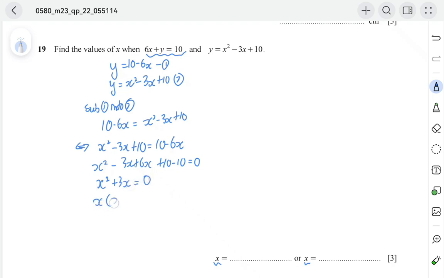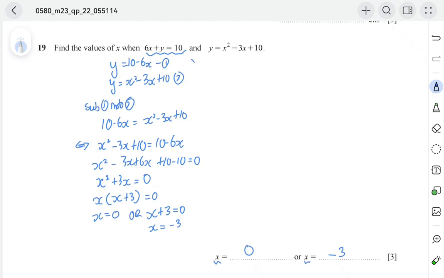Then we can factorize this, and now we can solve the quadratic equation. This equation equates to 0, and it's two terms being multiplied by one another, so one of them must be 0. So x itself could be 0, or x plus 3 equals 0, and in that case x would have to be negative 3. So x can be 0 or negative 3.